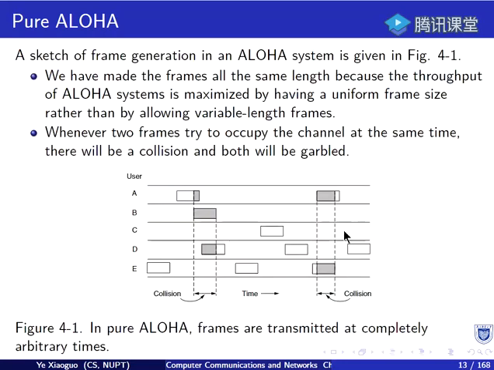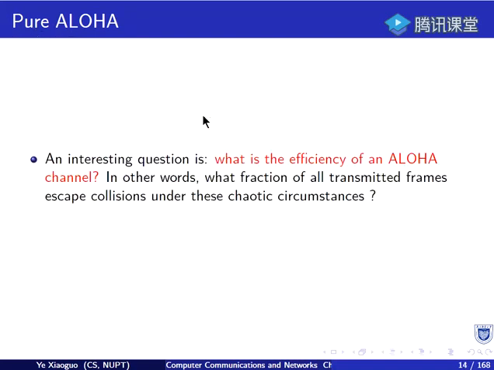Then, under these conditions of pure Aloha, what is the efficiency? In other words, what fraction of all transmitted frames can be transmitted successfully under these chaotic circumstances?